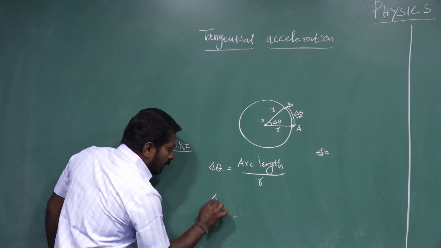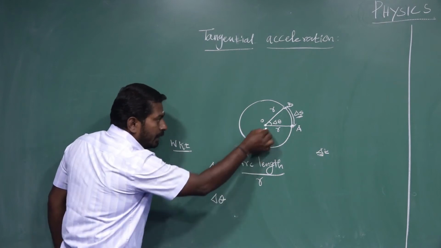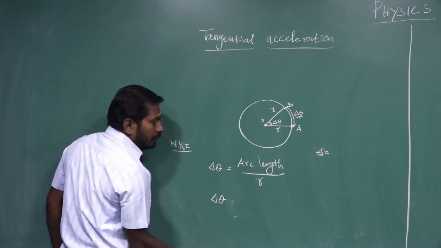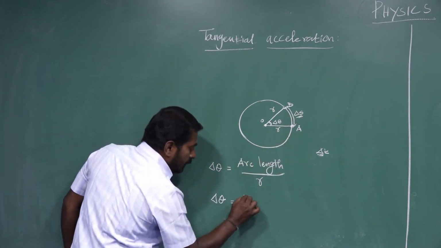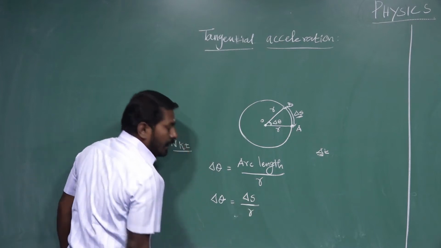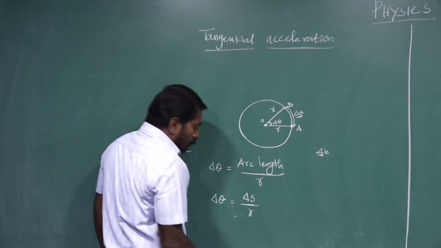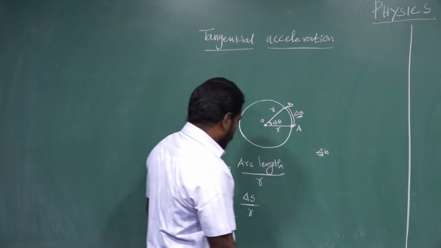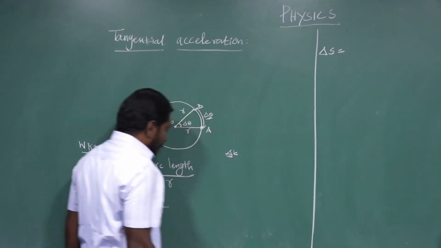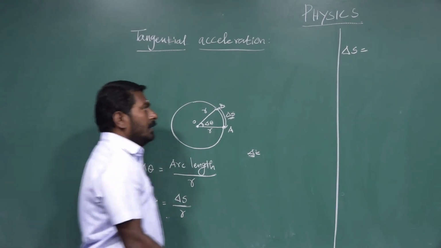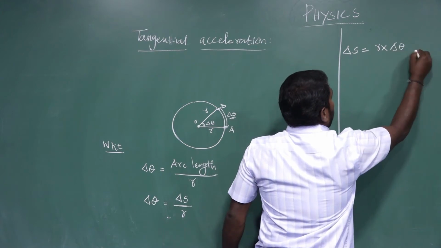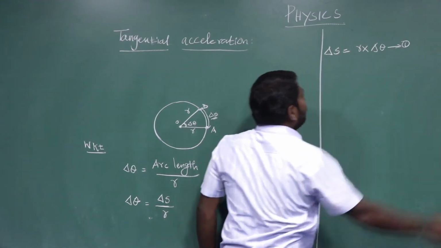So this is the angle subtended at the center, delta theta, which is equal to arc length delta s divided by radius r of the circular path. From this equation, delta s is equal to r into delta theta, equation number 1.